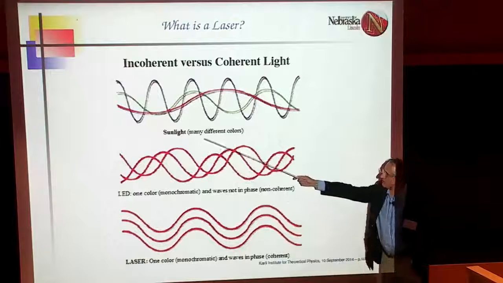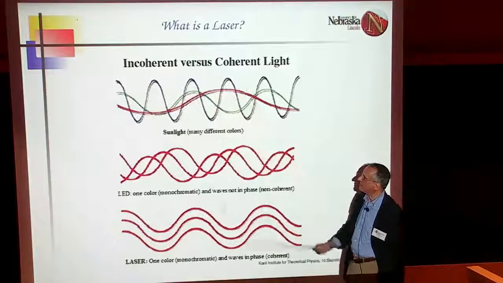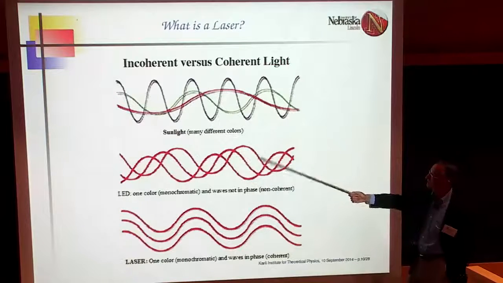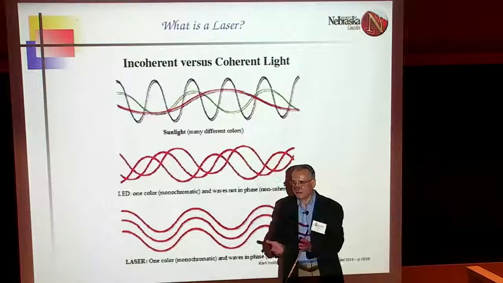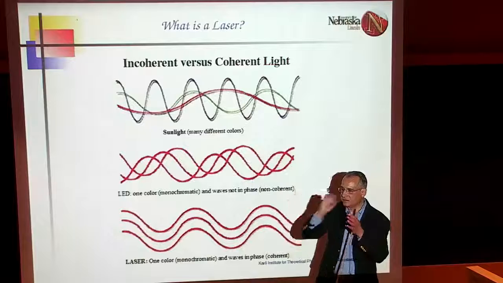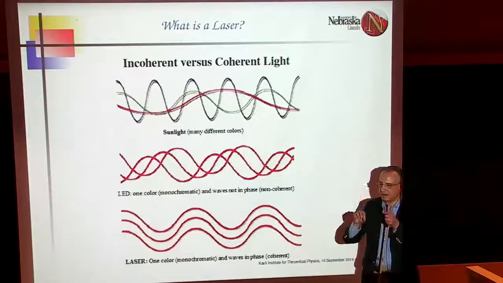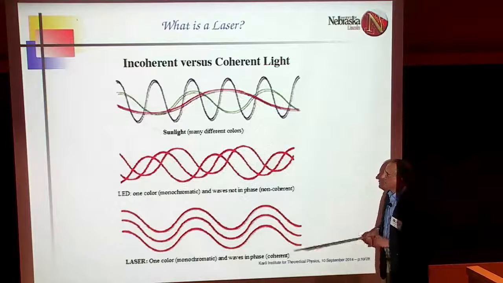Sunlight has many colors, and they're all chaotically streaming outward from the sun. Many of them hit the earth, but they're all out of phase. The radiation from different parts of the sun is incoherent. The time at which they radiate is completely uncorrelated with each other.